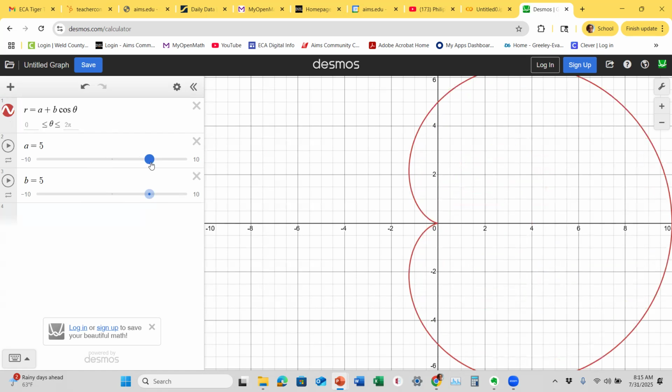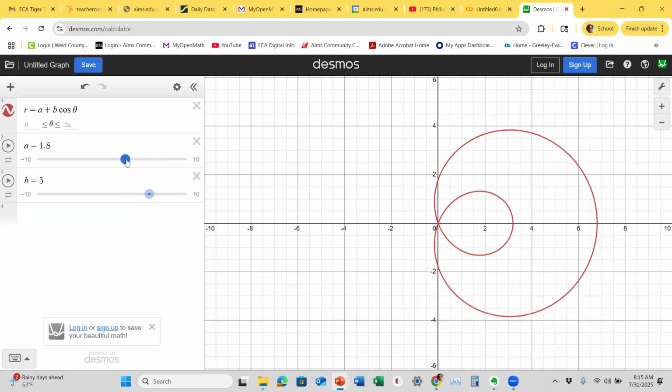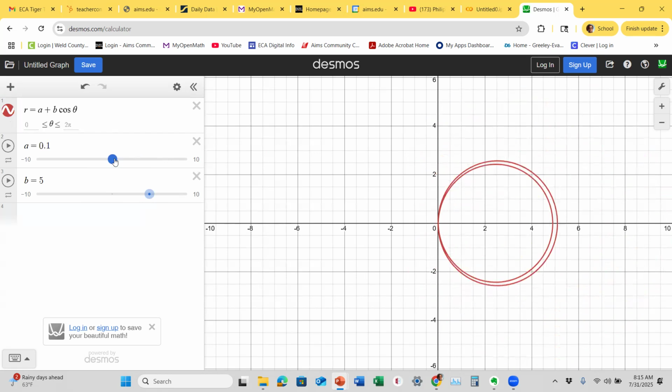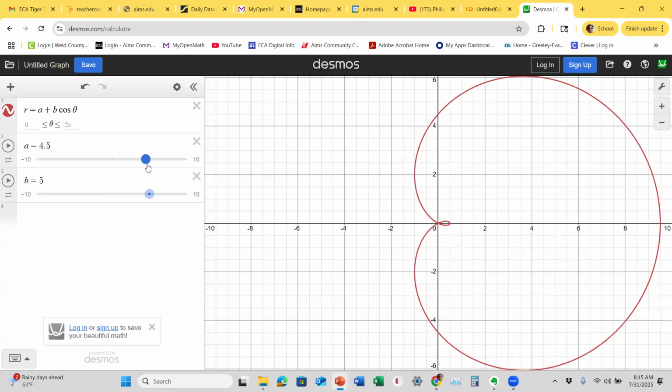What happens if I make A less than 5? We get this loop in the center here. And in fact, if A goes to 0, then this just becomes r equals 5 cosine theta, which is just a circle. So if we go back to 5, now we're at our cardioid.